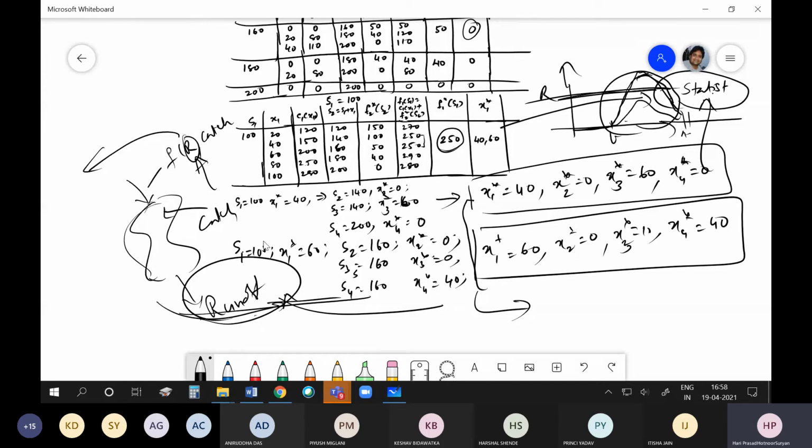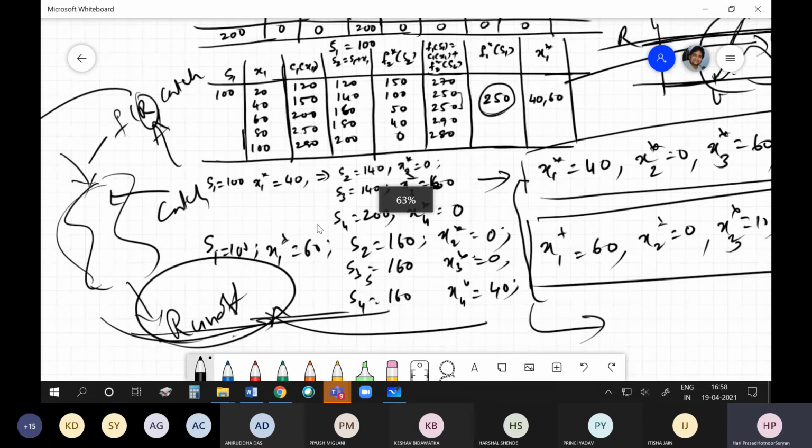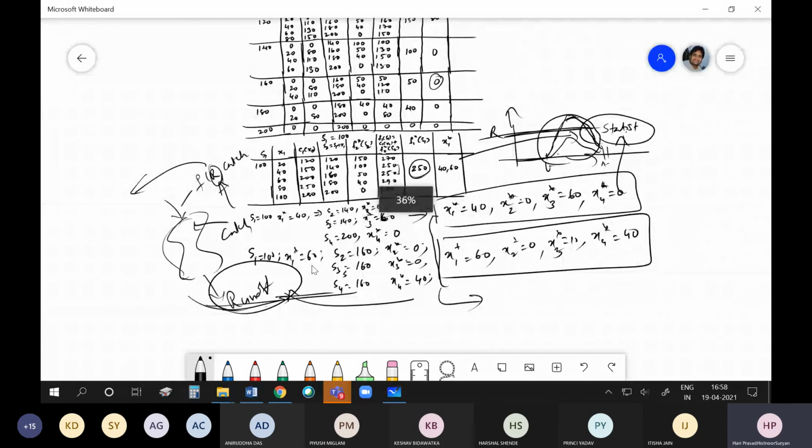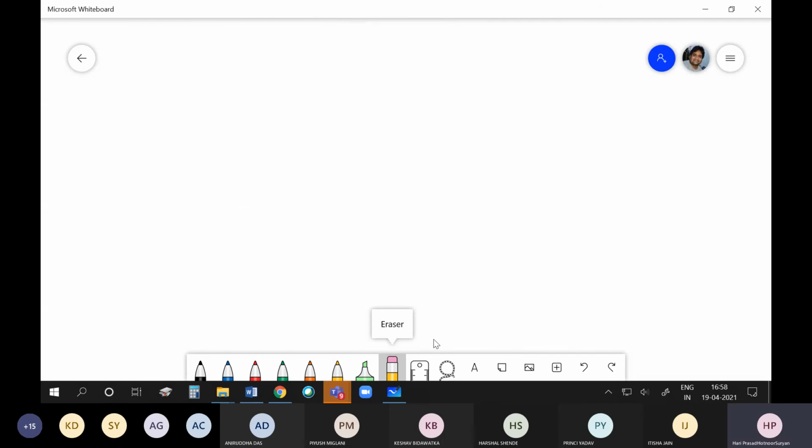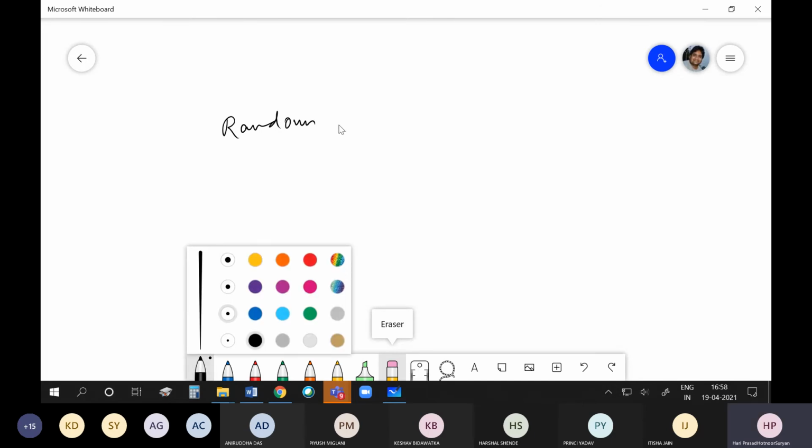Before we take up the simulation problem, I will have some 4 to 5 classes on statistics and probability distributions, on random variables and random processes. First, what is the difference between a normal experiment and a random experiment?